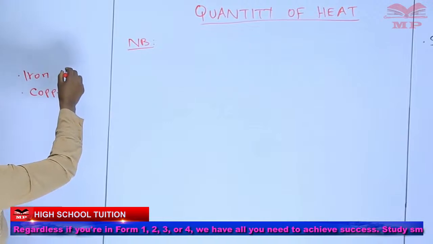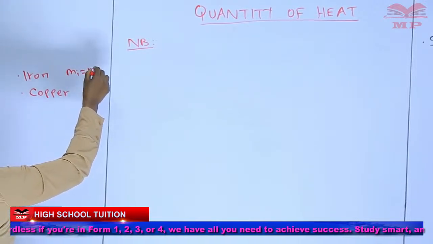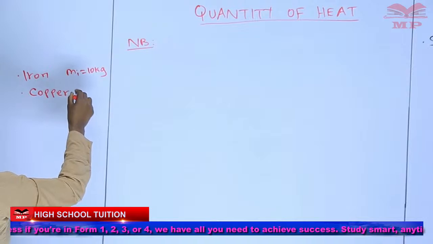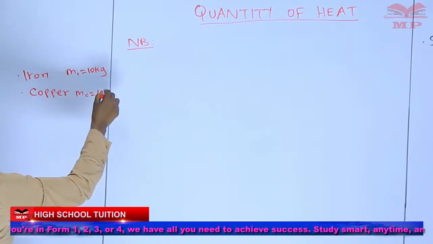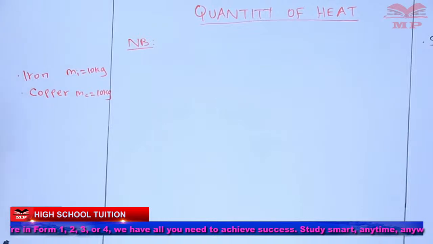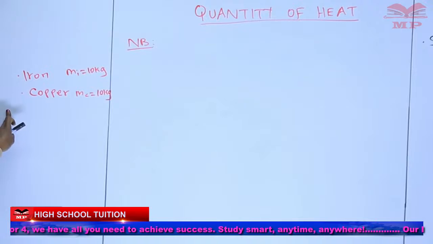Let's say the mass of iron that we are heating is 10 kilograms, and the mass of copper that we are heating is also 10 kilograms. When we subject them to the same amount of heat, they acquire different temperature changes. And this is because they have different heat capacities. So I want you to note that.